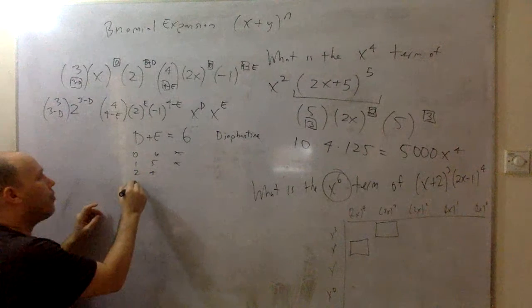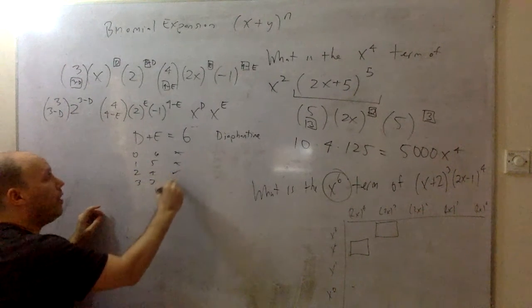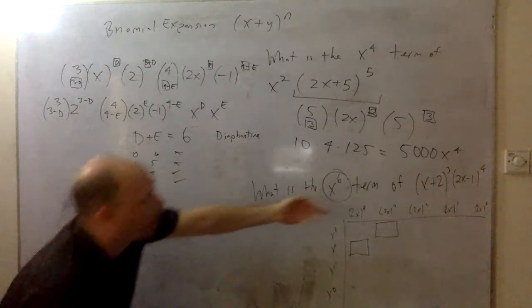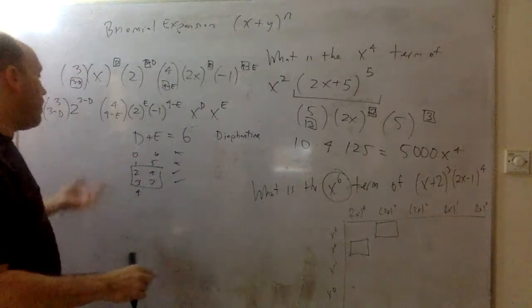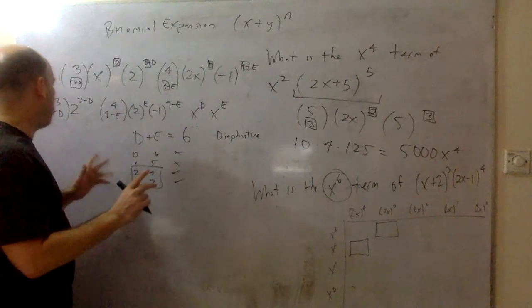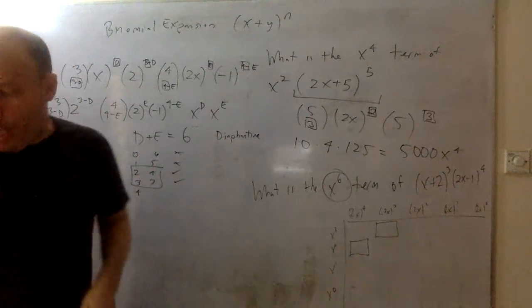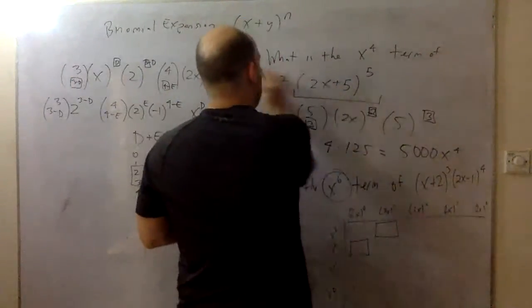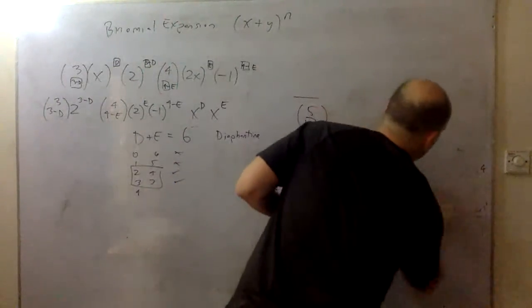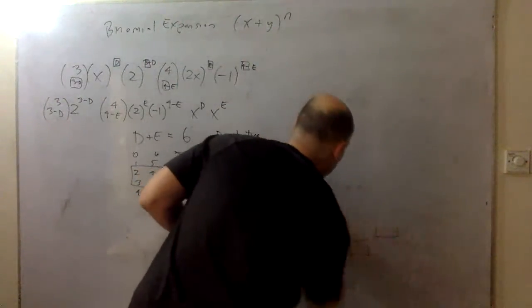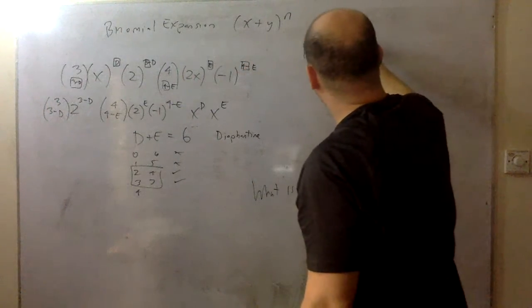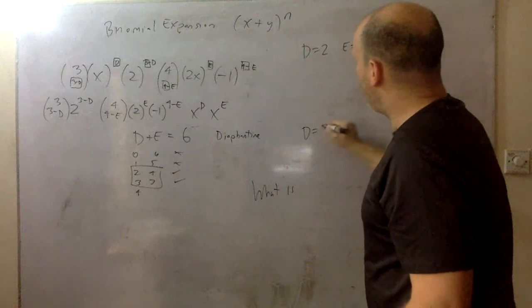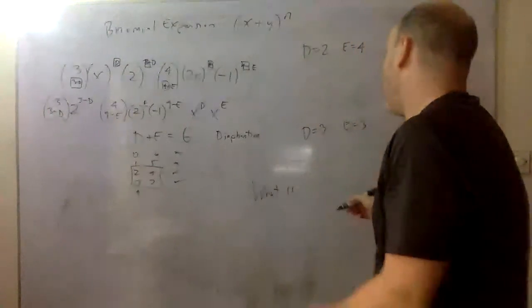How about 3, 3? That's good. How about 4? No, D's to the third power, I can't go any higher. I'm done. So once again, the only two possibilities are that D is 2 and E is 4, or that D is 3 and E is 3.